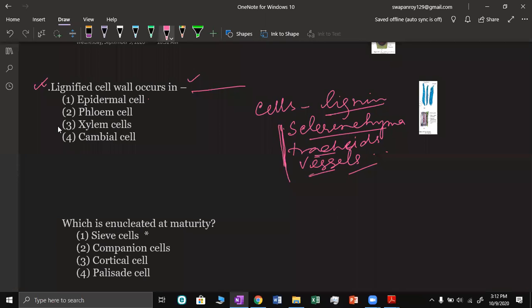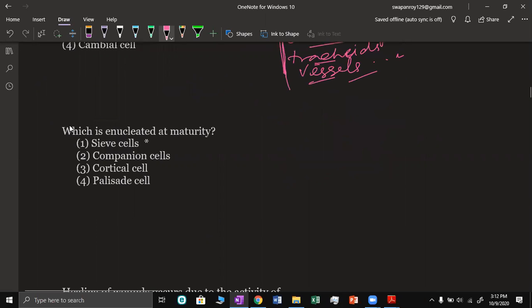So xylem is the answer. So xylem cells are lignified cells. Next, which is enucleated at maturity, that is, cells without nucleus.